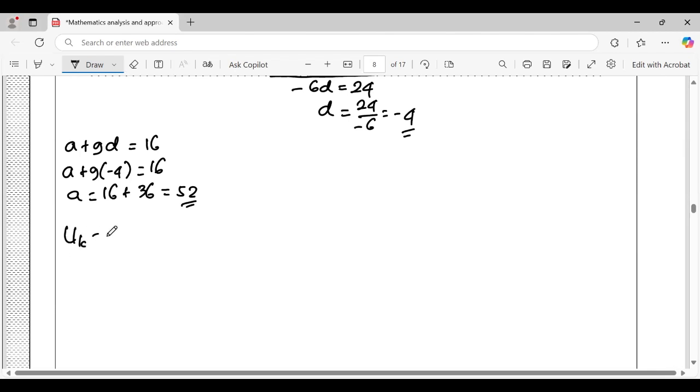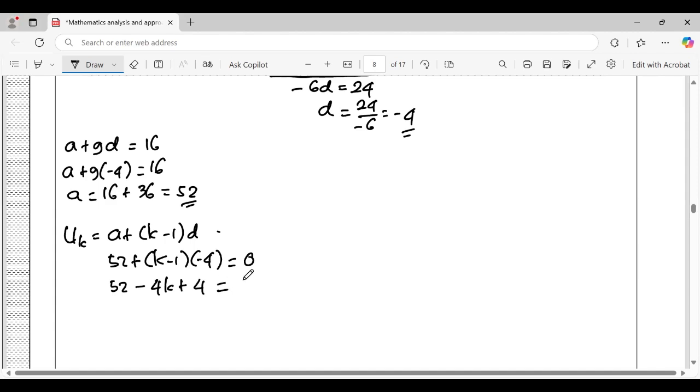uk equals a plus k minus 1 times d. And if I substitute 52 and minus 4, it becomes 52 plus k minus 1 times minus 4 equals 0. So 52 minus 4k plus 4 equals 0.